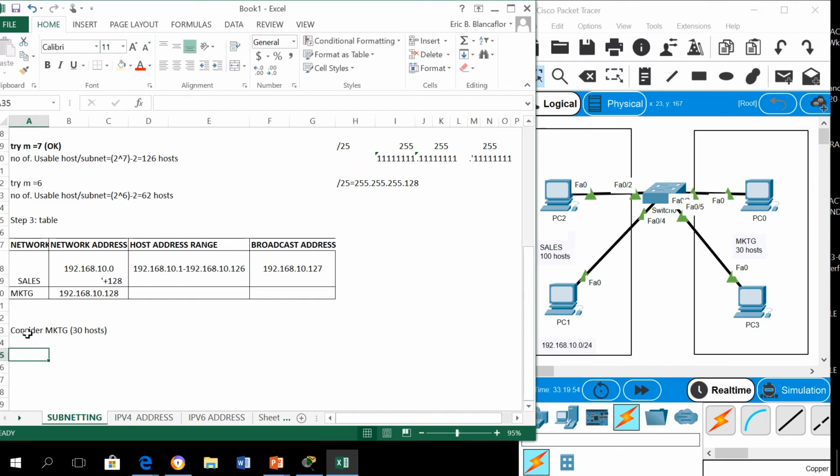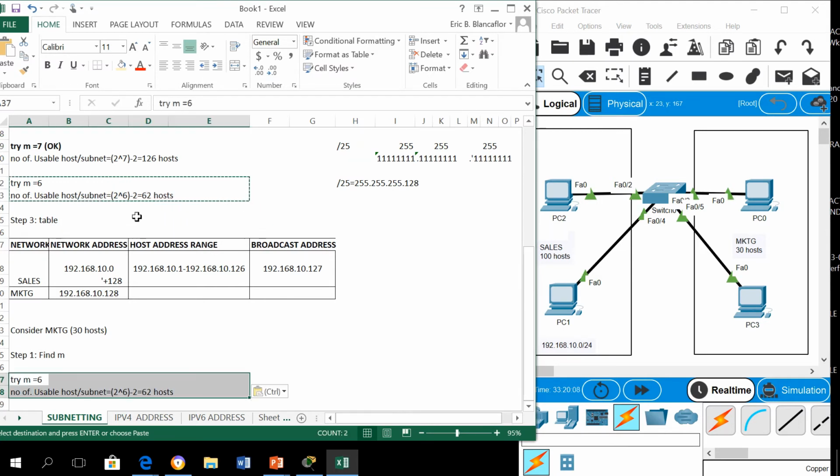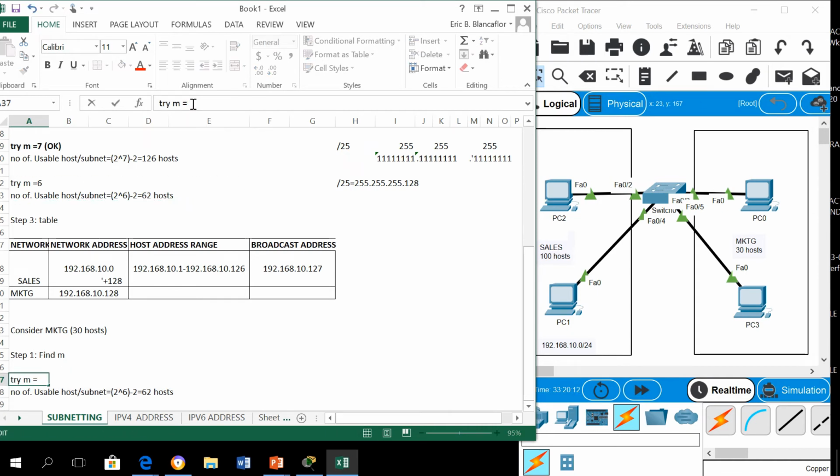Step 1, we find M. In the earlier example, we found that at M of 6 it is 62. So this time, let's try 5. What if M is equal to 5? 2 raised to 5 is 32, minus 2 is 30 hosts. And we need 30. That's very good.